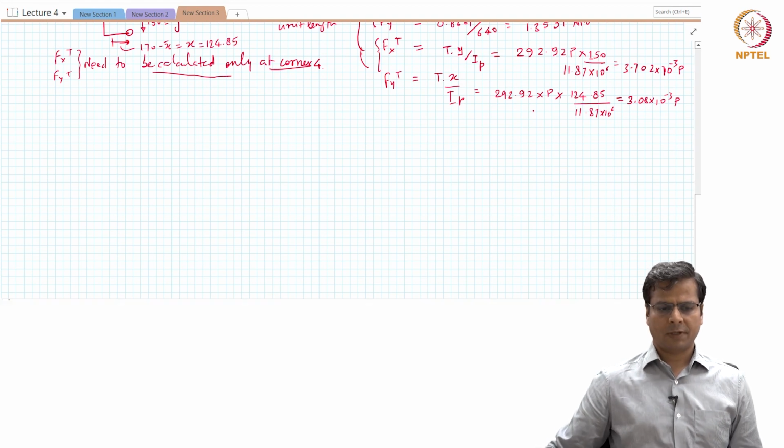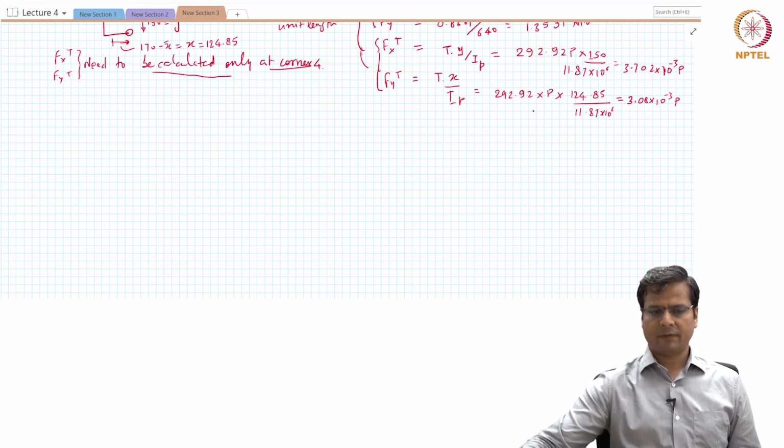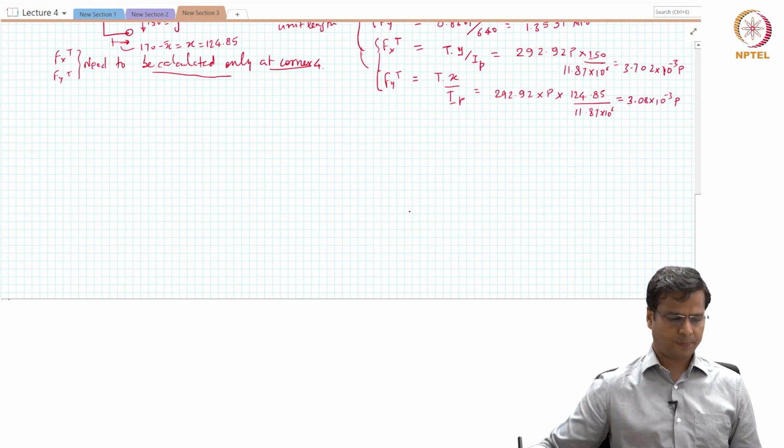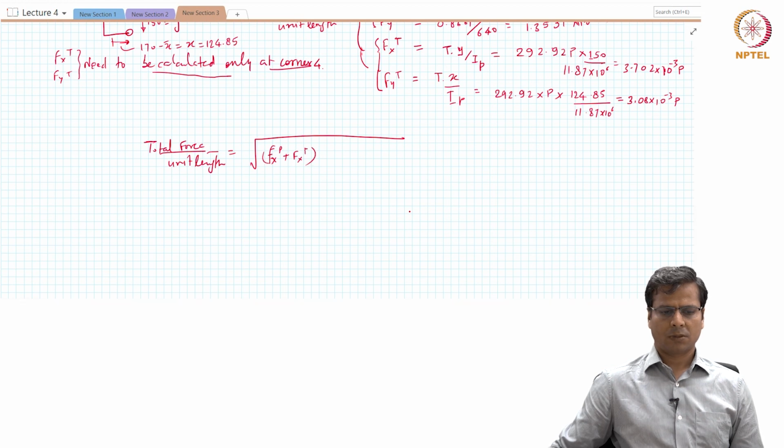Okay. So now we have calculated Fx and Fy values because of the force P directly and because of the twisting moment. Now total Fx can be calculated, total force, force per unit length, is equal to square root of (Fxp plus Fxt) squared plus (Fyp plus Fyt) squared.